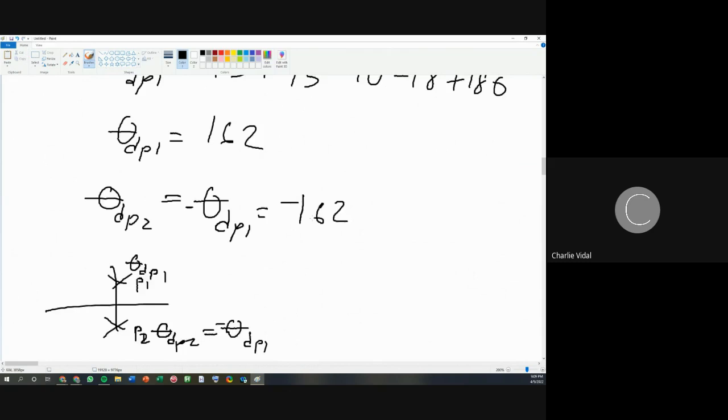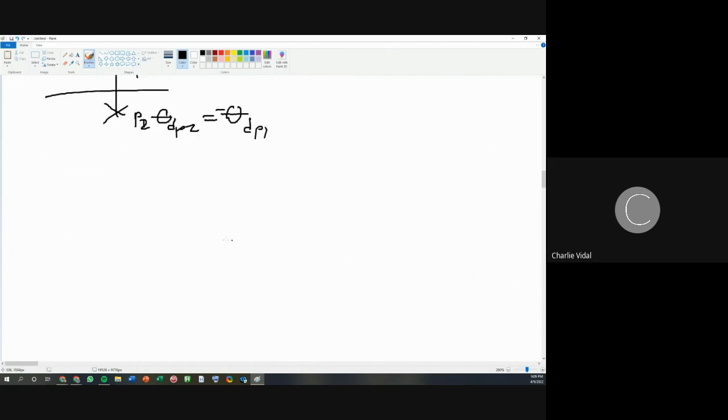Let's draw that just to kind of explain what's going on. Actually, we can draw the final image from this. So we had 2 x's over here, right? Let me draw this one a little bit higher. We had 2 x's over here, and we had 2 zeros. We knew that these x's were going to go into the zeros, but we didn't know what angle they were coming in from.